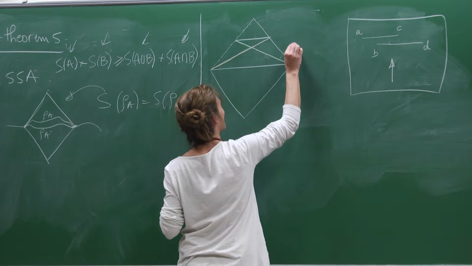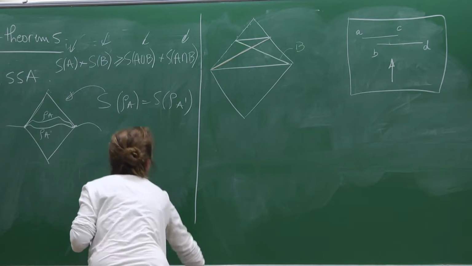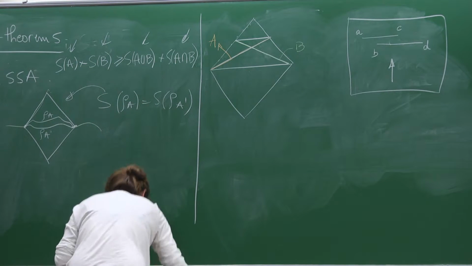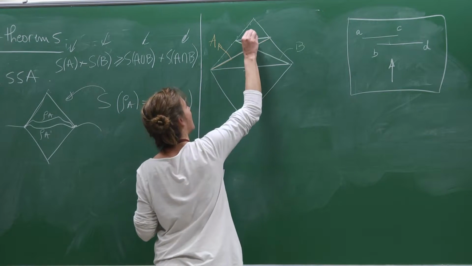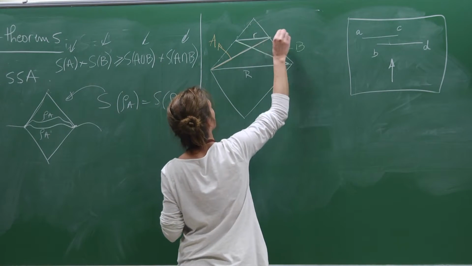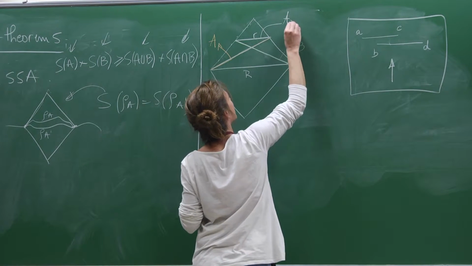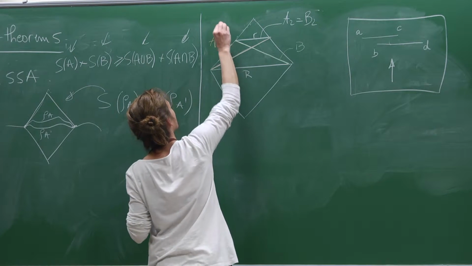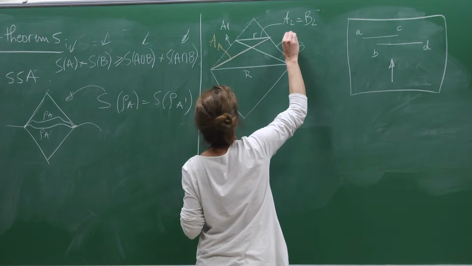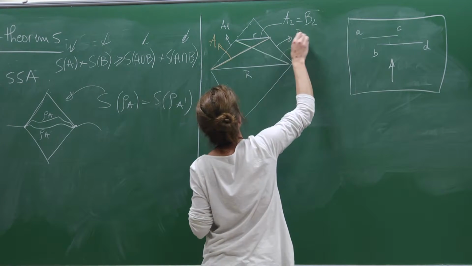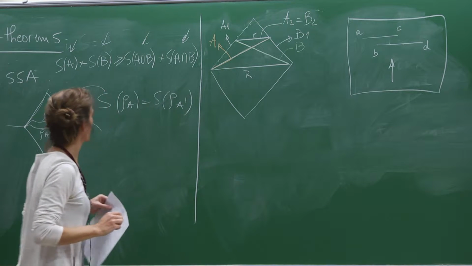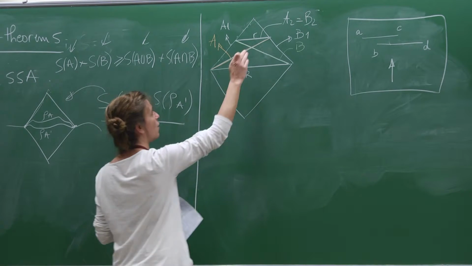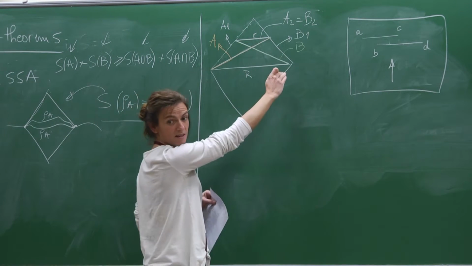This is V. Again, this is R. This is A2 equal B2. This part is A1, and you will see why I'm putting so many letters. So using this, it's clear that, of course, this is the intersection, and this is the union, okay?